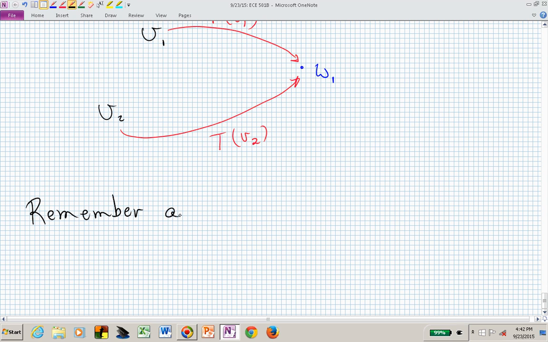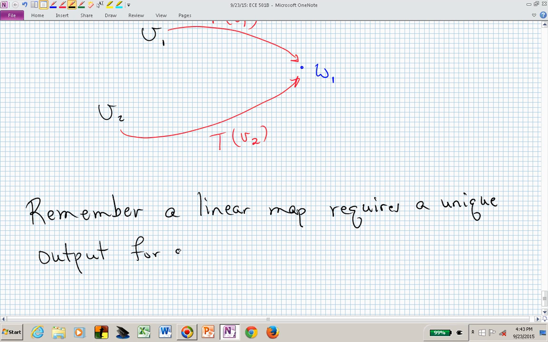Here, let me write some comments down. Remember, a linear map requires a unique output for a given input. Is that obeyed in the picture above?